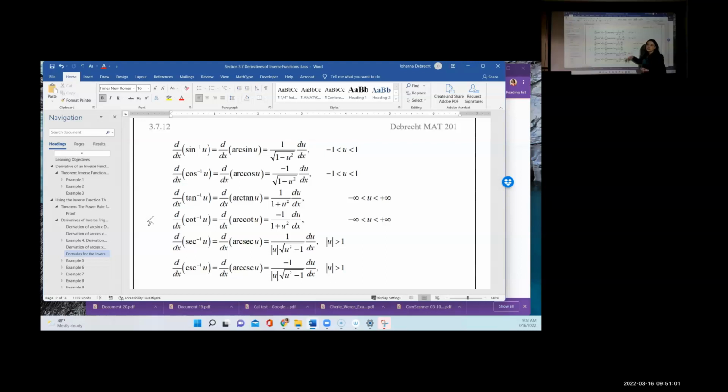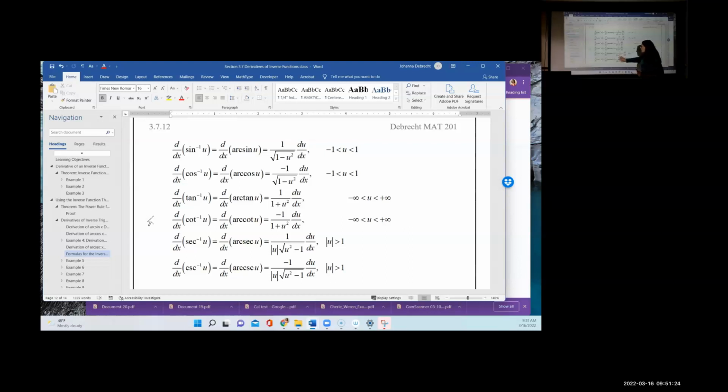But when you square it, it becomes strictly positive or at minimum 0. So you don't have to worry about that. We didn't derive arc cotangent, but we could have. And it would have given us the same formula as arctangent, but with a negative on the front. All right. And again, no restrictions on u.